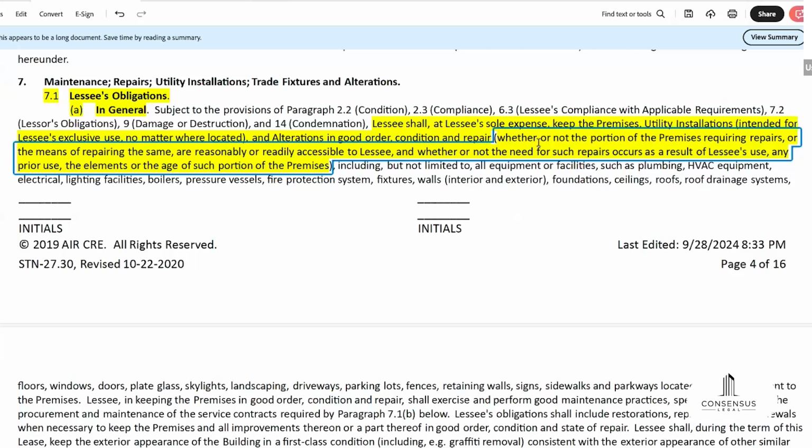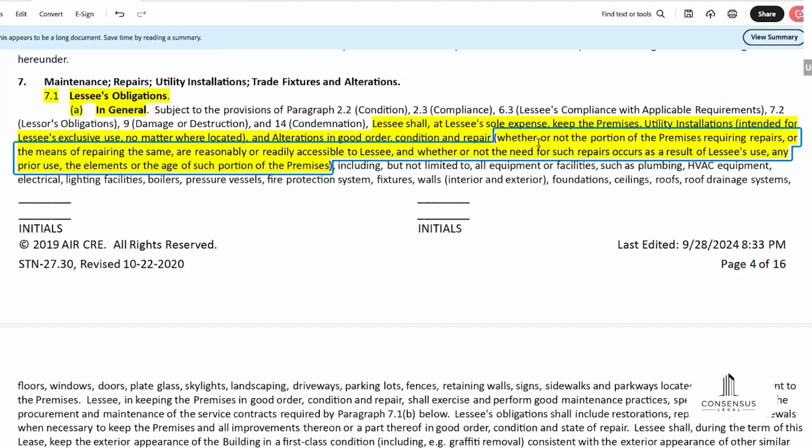So, for example, lessee moves into a premises 4 months after the commencement date, a plumbing line ruptures, and that plumbing line is behind a wall or under the slab, lessee is responsible to fix it, even though it's behind a wall, for example.